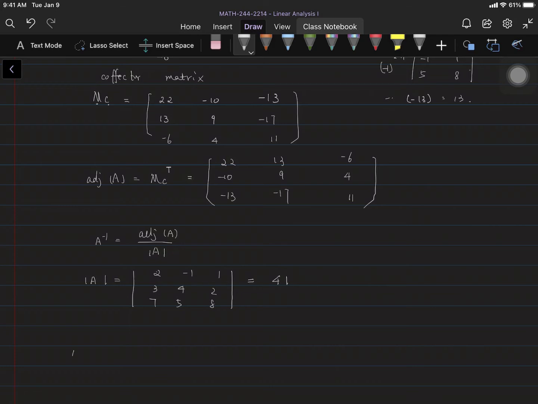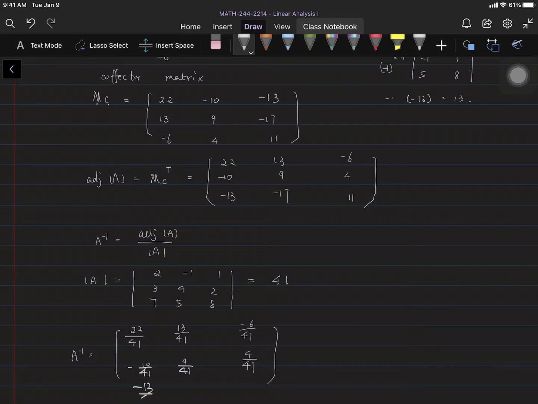So let's see what is the inverse matrix for this problem. We use 1 over 41 times the adjoint matrix, which means every element of the adjoint matrix is divided by 41. 13 divided by 41, negative 6 over 41, negative 10 divided by 41, and 9.